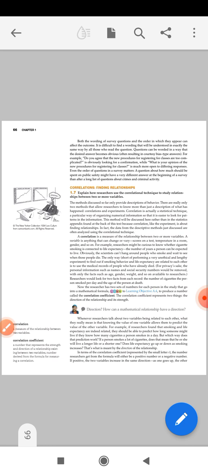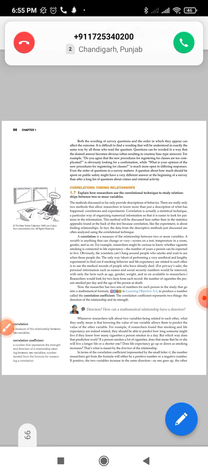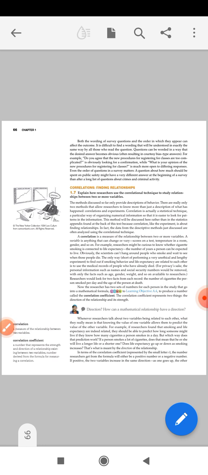Because if someone is smoking, he might not be focusing on his health, he might not eat healthy foods, or his lifestyle might be poor, and so on. Those might be the reasons behind the lower life expectancy, not the actual reason. This shows only the relationship, not the causation, and this is the problem with correlations.